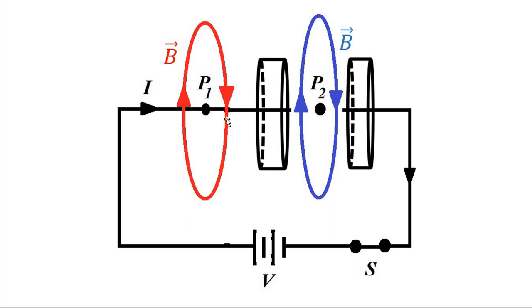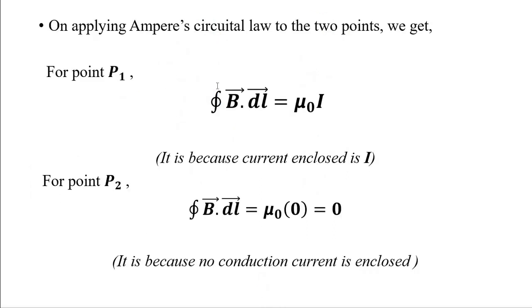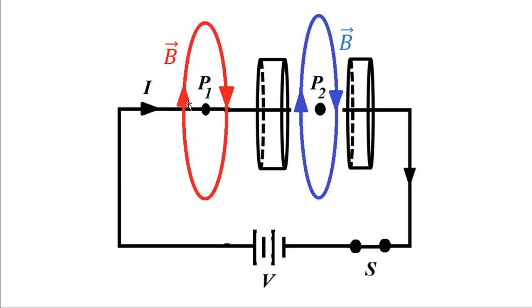At point P1, if we apply Ampere's circuital law, we get this expression: B vector dot dl vector equals mu0 I. The line integral of the magnetic field equals mu0 times the current enclosed by that path, which is I. Here this current capital I is called the conduction current, flowing through the wire or conductor.